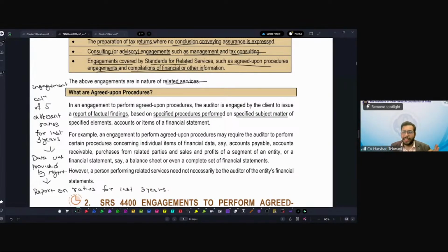Now tell me one thing, this report where I have issued ratios, is it an assurance report or a non-assurance report? Is it an assurance engagement or a non-assurance engagement?